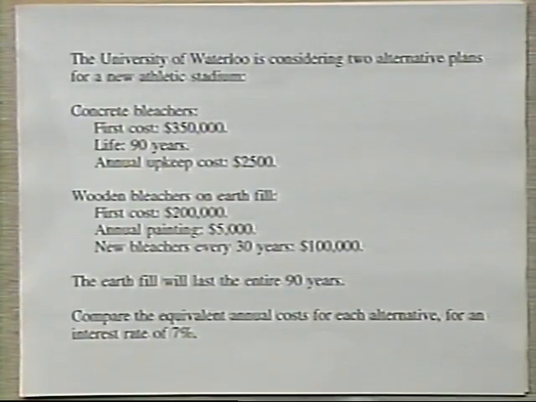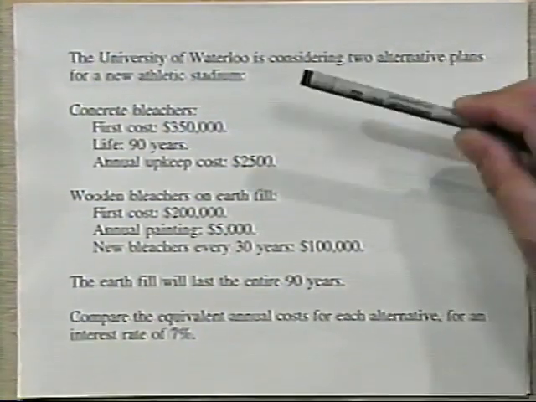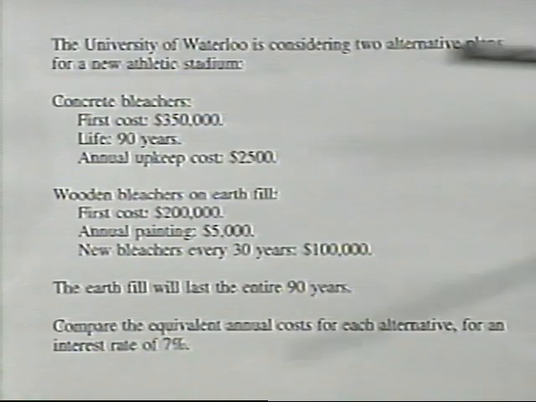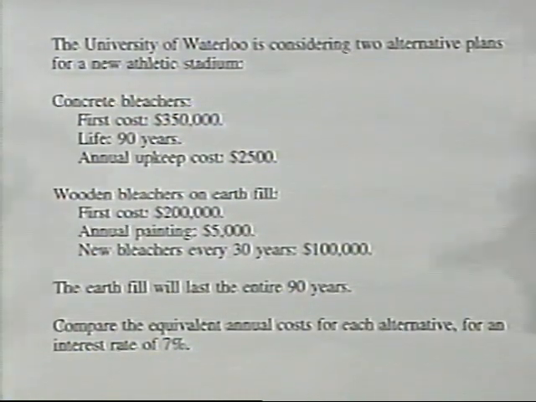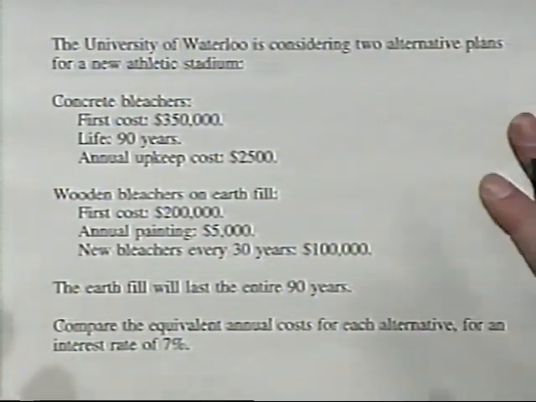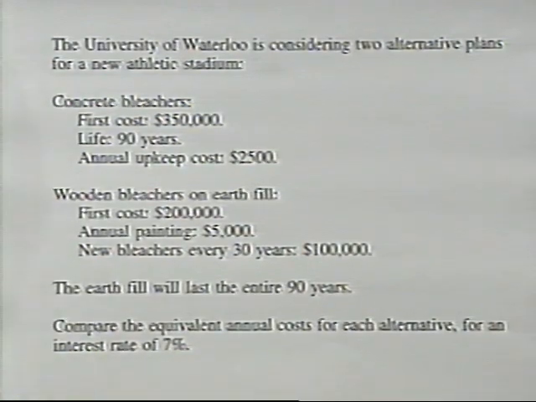Let's look at an example of an annual worth comparison or annual cost comparison. University of Waterloo is considering two alternative plans for a new athletic stadium. We have a choice of concrete bleachers or wooden bleachers on earth fill. So they'd put some dirt in to raise the level of the ground before they build the bleachers.